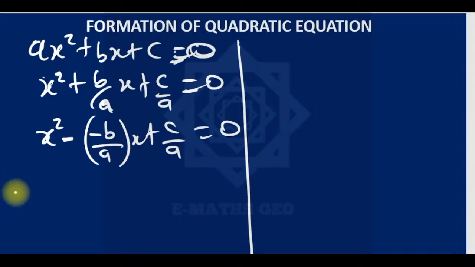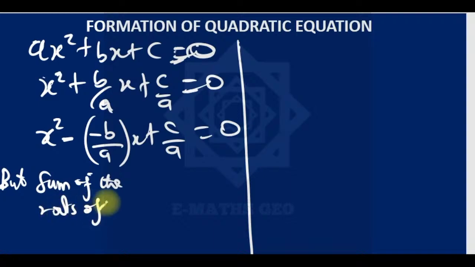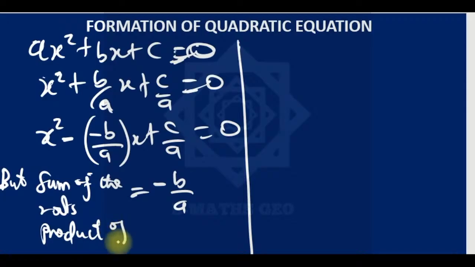And do you remember that the sum of the roots of any quadratic equation is minus b over a, while the product of the roots is c over a? So are you seeing something?